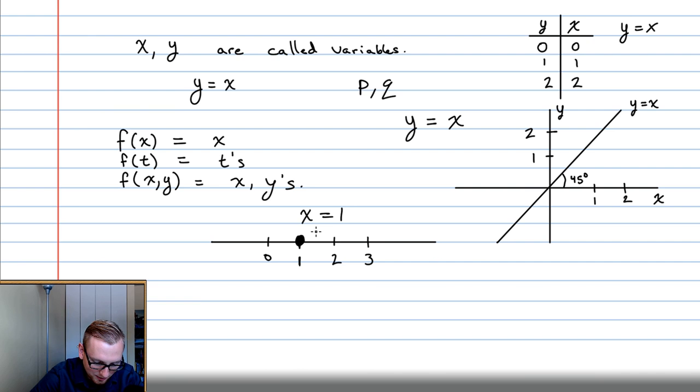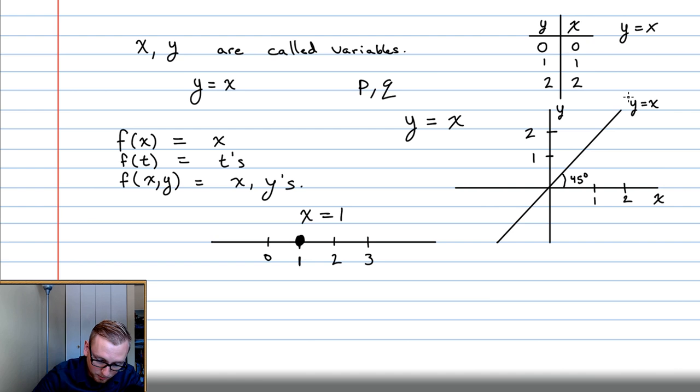So what I've started here is to say that you can have a function of variables. The simple one was just saying y is equal to x. So our function is y equals x.